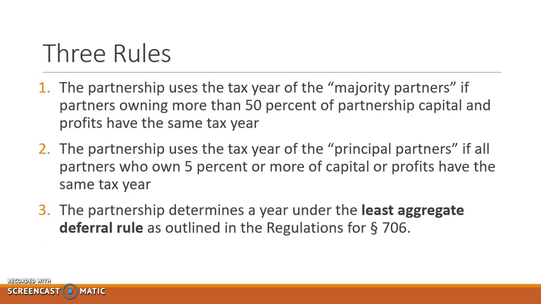And then if no partner owns a 5% capital or profits interest, there aren't any, you go on to the third rule, which states that the partnership determines the year under the least aggregate deferral rule as outlined in the regulations for 706, so you can go and look that up. But you have to go in order on these rules, so if it doesn't meet the first rule, you go on to the second. If it doesn't meet the second, you go on to the third. And that's how you determine the taxable year.